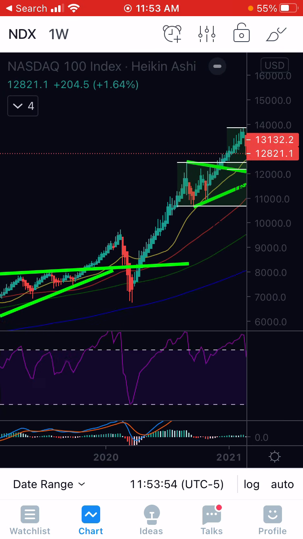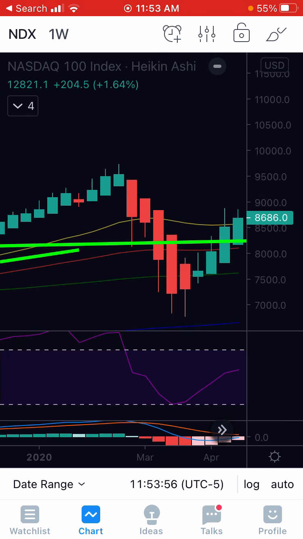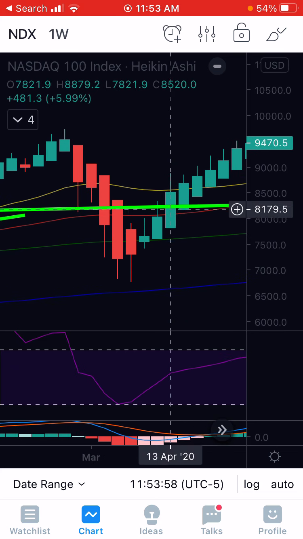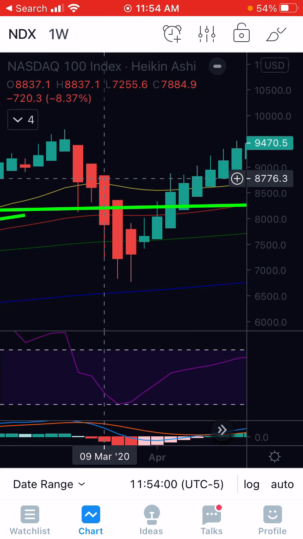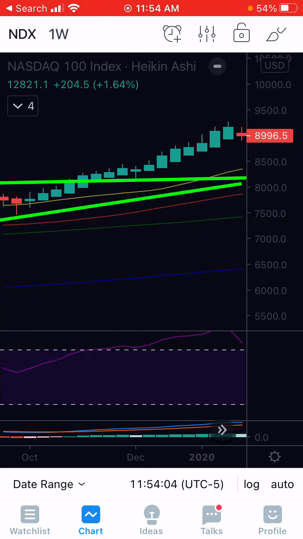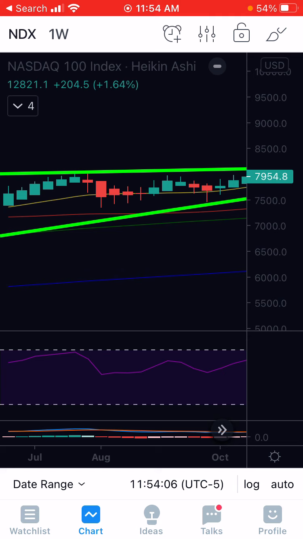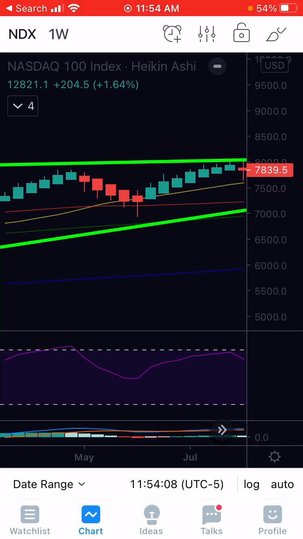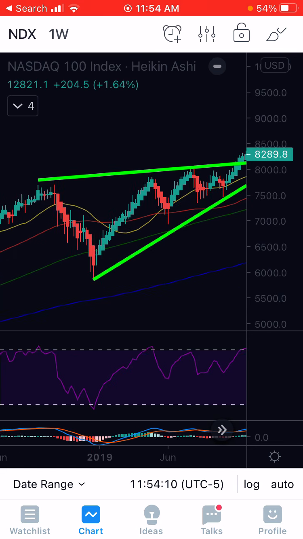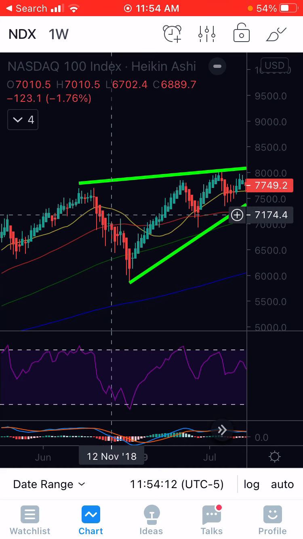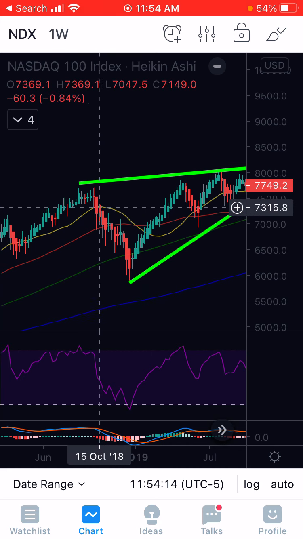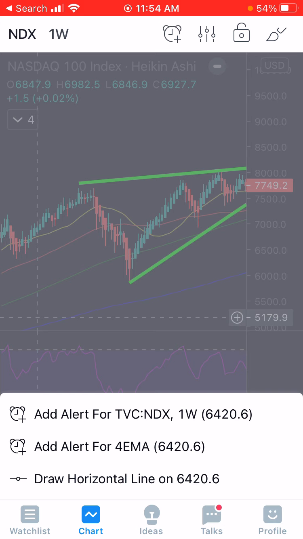Why? Because in the past here, when we closed a weekly close below this yellow line, we had a lot more downside. And we went over this before. When we closed a big candle like that below the weekly, we had a lot of downside.